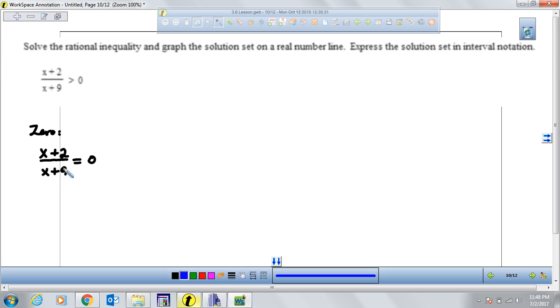So to find the 0, I need to first of all get rid of this fraction by multiplying the denominator x plus 9 on both sides of the equation. So x plus 9 divides out on this side. It simplifies. So that gives me x plus 2 equals, if I distribute that 0 times x and 0 times 9, we are still going to get a 0.